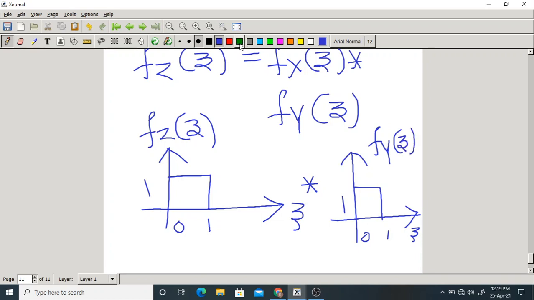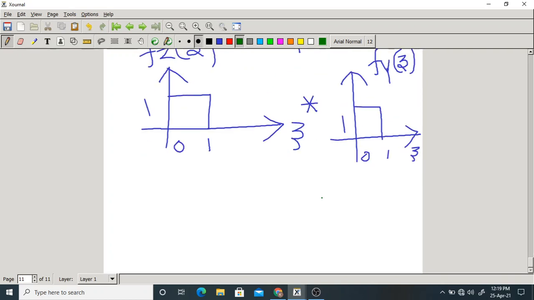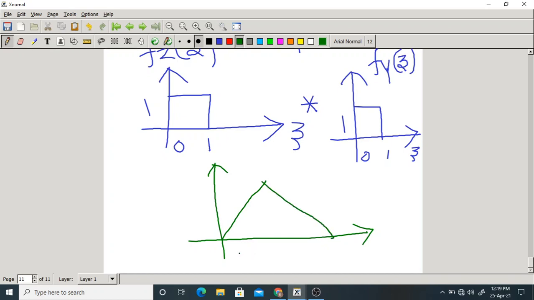So this is the convolution of two squares. If you convolve two squares, what will you get? This is the concept of signals and systems. You get a rectangle, sorry, not a rectangle, a triangle. What are the limits?